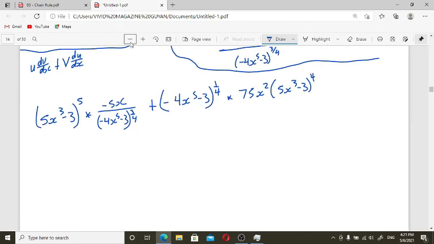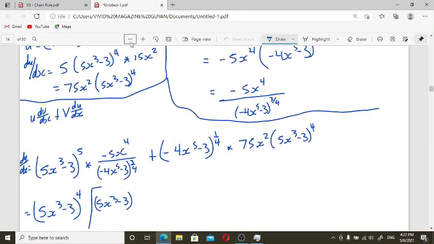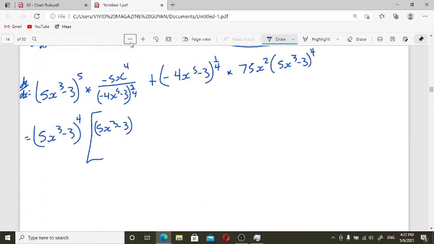Alright, so we can already see from this that 5x cubed minus 3 raised to the 4th is going to come out. So I'm left with 5x cubed minus 3 because only 4 of the 5 powers got removed. People are talking in the house right now and I can't get the focus.